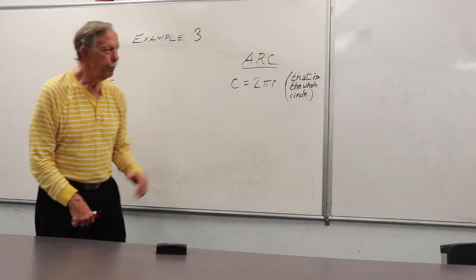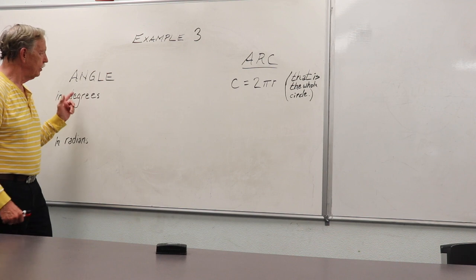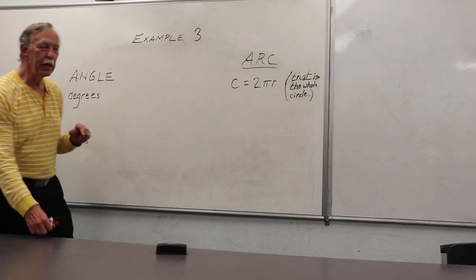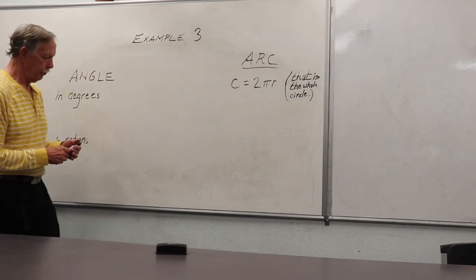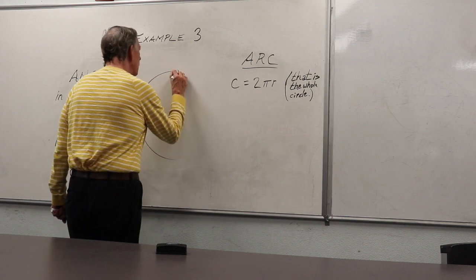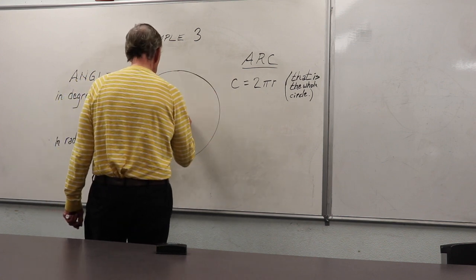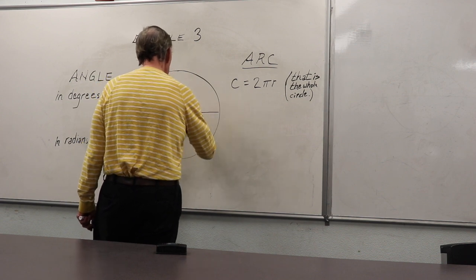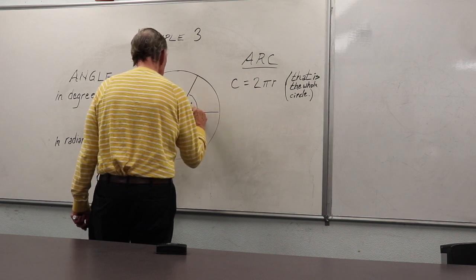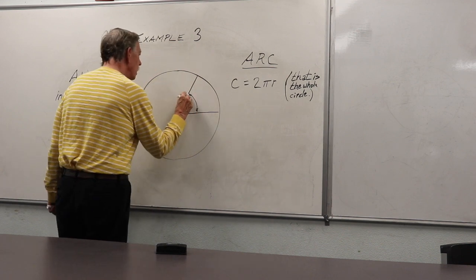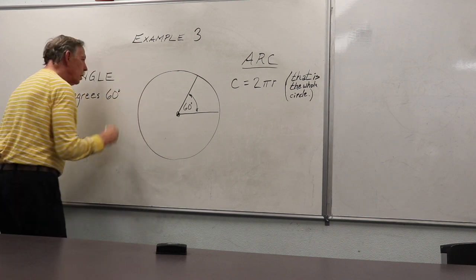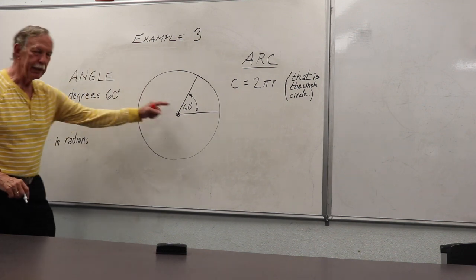In example 3, we're going to make a comparison between an angle in degrees and the whole circle, and the piece of the arc to the whole circle. Let's do a picture. Our angle in degrees is 60.